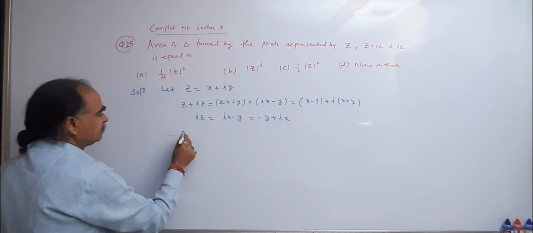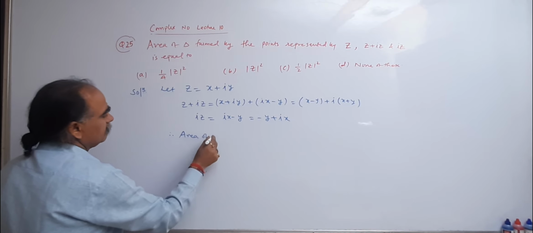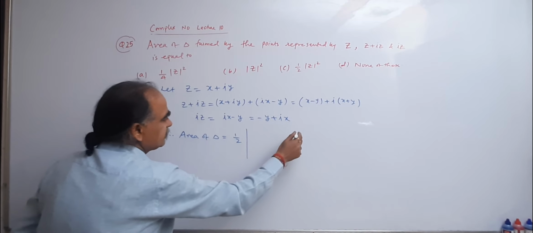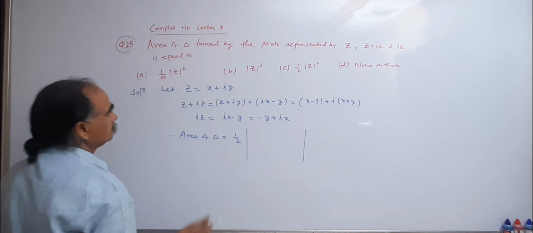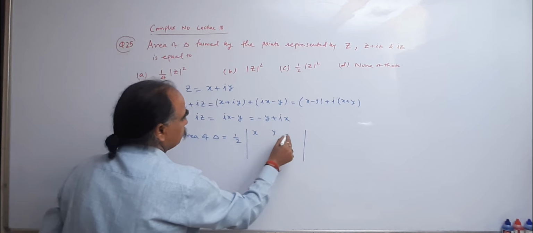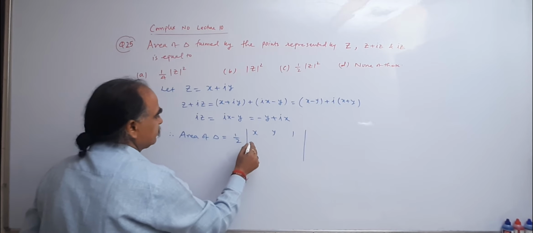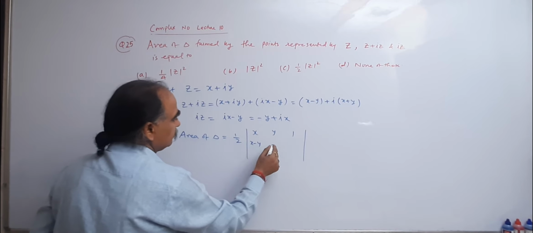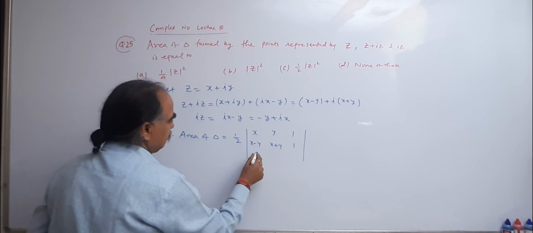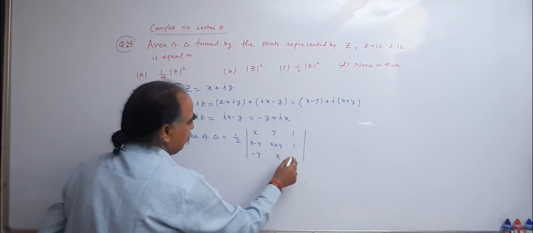Therefore, area of triangle is what? By determinant method, 1 by 2 of x, y, 1; real part x minus y, x plus y, 1; and minus y, x, 1.